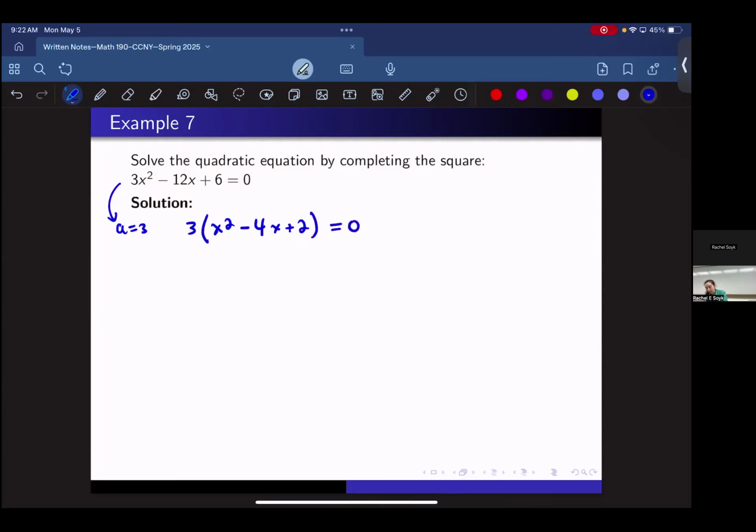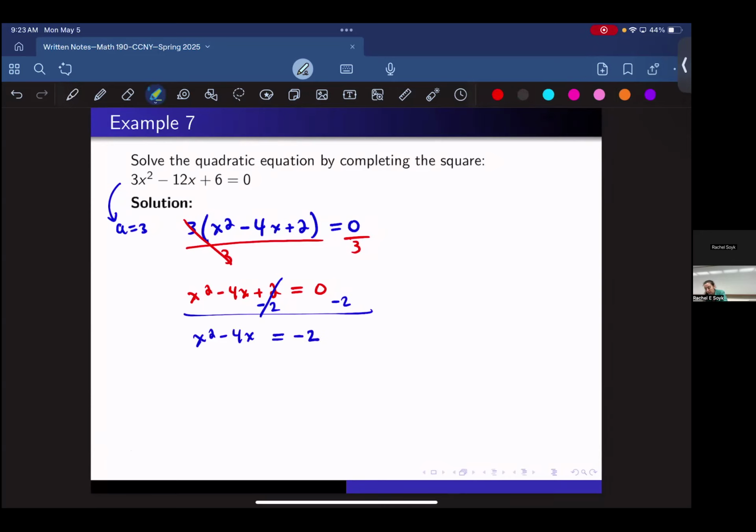And then let's go ahead and divide both sides by our 3. So we have x squared minus 4x plus 2 is equal to 0. And then we want to make sure that we bring that constant over to that right-hand side. So we end up with x squared minus 4x is equal to -2.